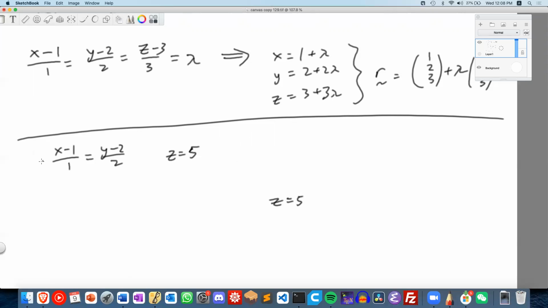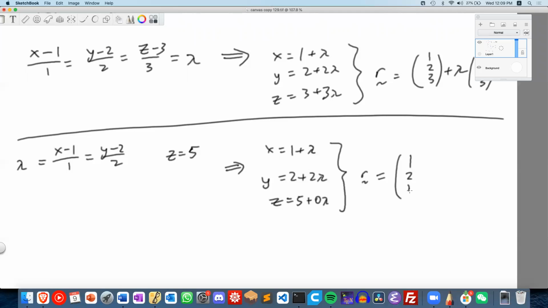Then for x and y, we have a degree of freedom, so that's where we set it equal to lambda. Then we rearrange it to become x equals 1 plus lambda and y equals 2 plus 2 lambda. Then from here, z is effectively 0 lambda, and we can have our equation: r equals 1, 2, 5 plus lambda 1, 2, 0.